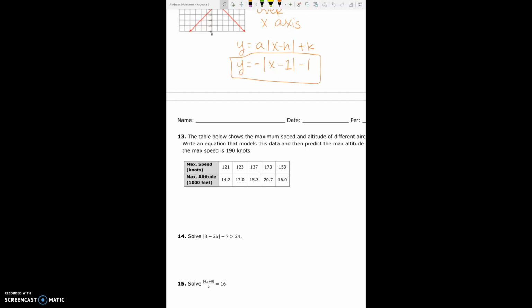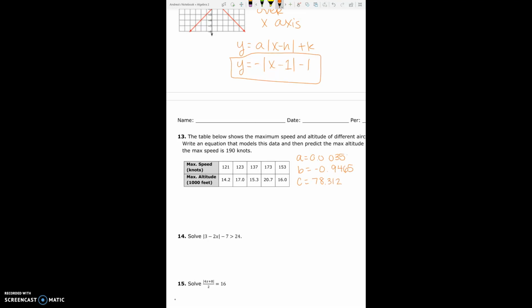All right. So if I get my regression values, I would have A equals 0.0035, B equals negative 0.945, and C equals 78.312.